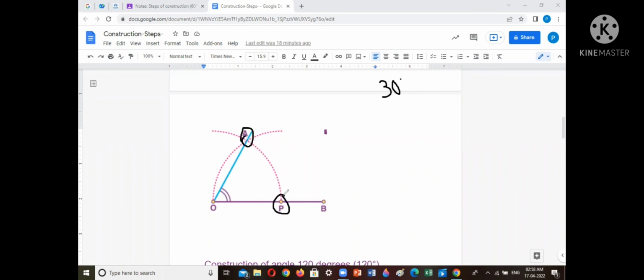Now I will be keeping the pointer of the compass on the point A, and then I will be constructing an arc over here. The arc would be somewhere on this side only.